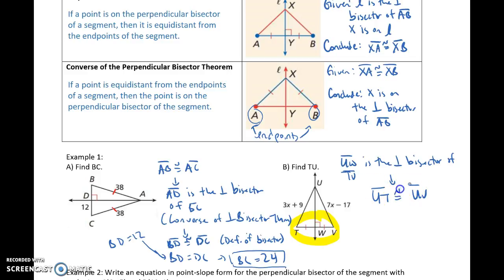They should be congruent, by your perpendicular bisector theorem, which tells us that UT should equal UV. Then I can substitute, 3x plus 9 equals 7x minus 17, to get the value x equals 6.5.